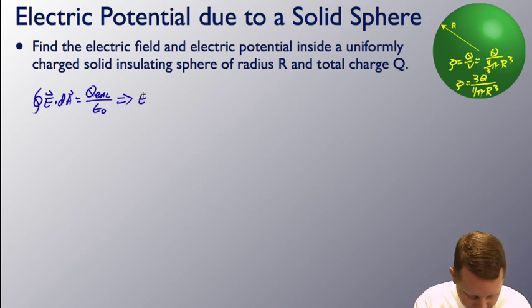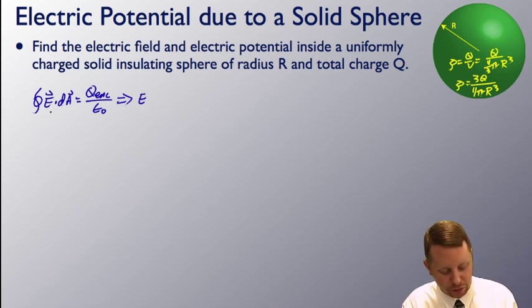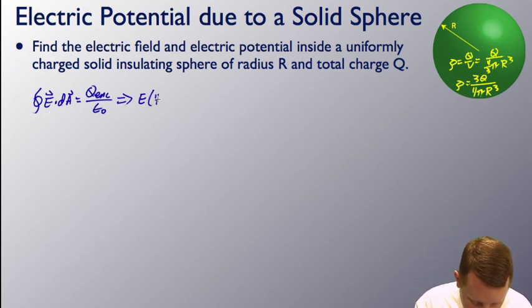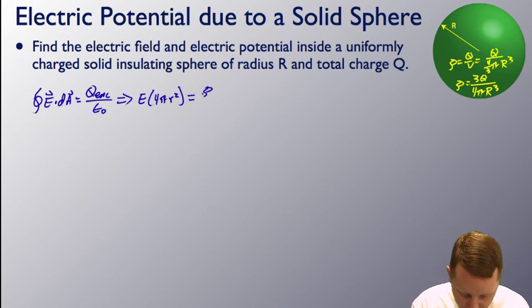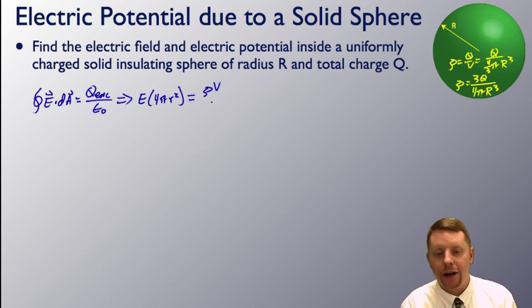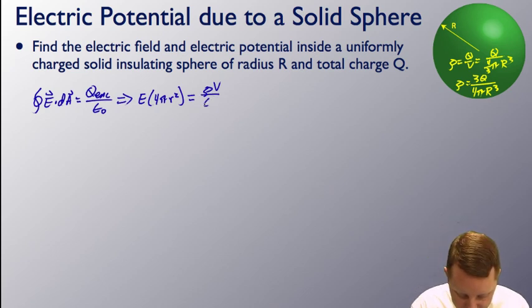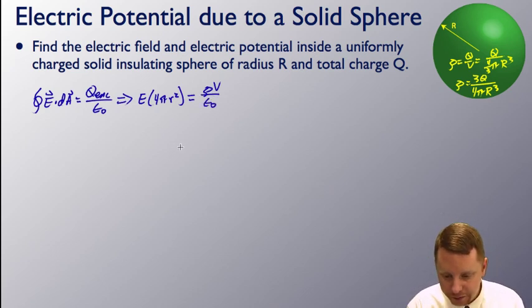The left-hand side is going to be E, which comes out, and the integral over the closed surface of dA is just the area, the area of a sphere, 4 pi r squared, which must equal the charge enclosed. That's the volume charge density times the volume of our sphere, divided by epsilon 0.